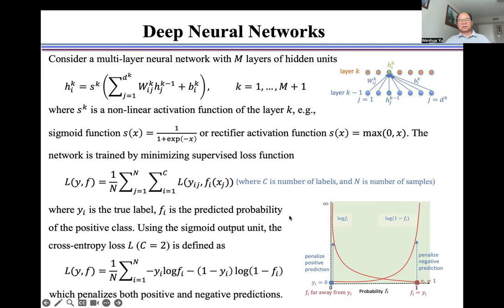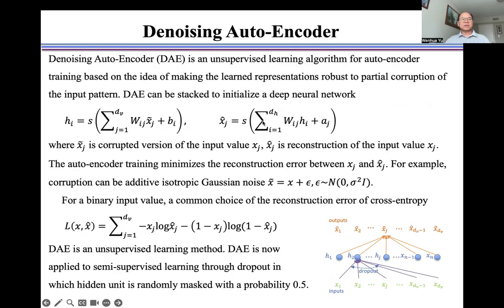Denoising autoencoder is an unsupervised learning algorithm for autoencoder training based on the idea of making the learned representations robust to partial corruption of the input pattern. DAE can be stacked to initialize a deep neural network as shown here, where x tilde is a corrupted version of the input value x, and x caret is a reconstruction of input value x.